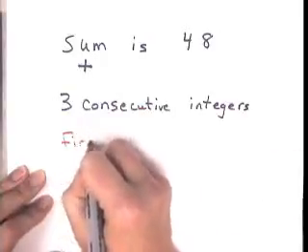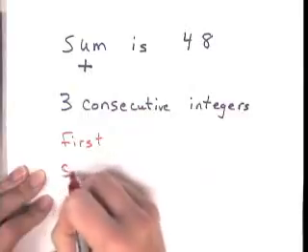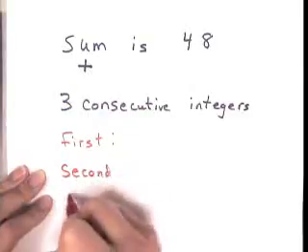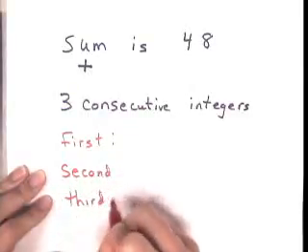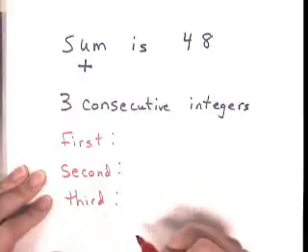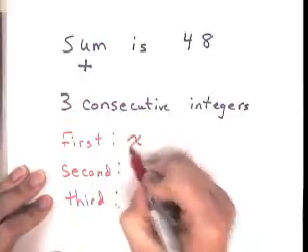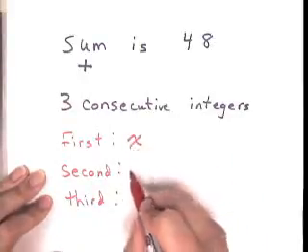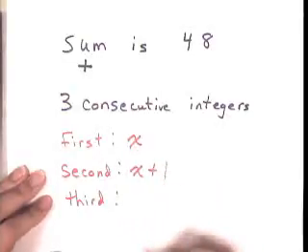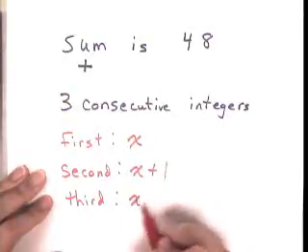So what we're going to do is find a way to use algebra to write the first, the second, and the third of those integers. If we allow the first one to be x, the second one is 1 more than x, and the third one would be 2 more than x.